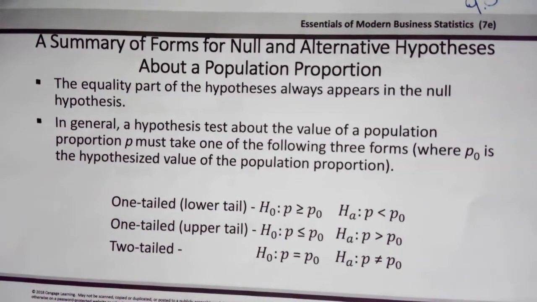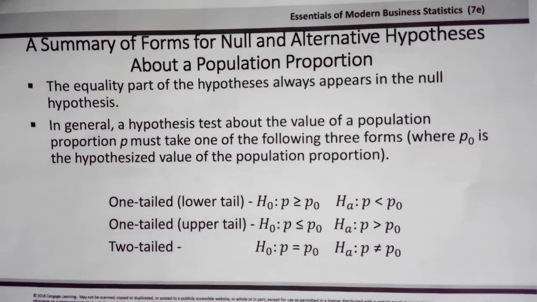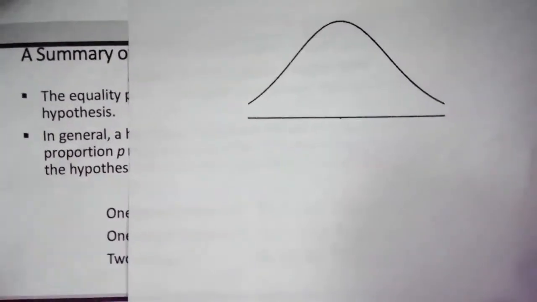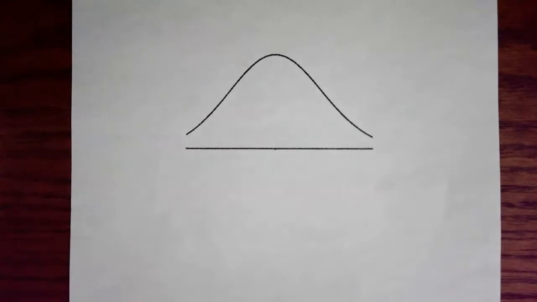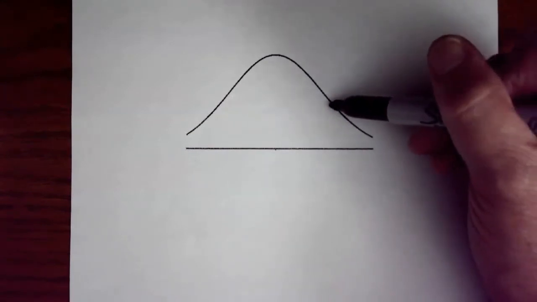So, considering this example, we are going to look at which hypothesis we're going to use. Now remember that the null hypothesis is status quo. It's what we consider to be true unless we have overwhelming evidence to lead us to the indication that the promotion had an impact, that it actually increased the proportion.